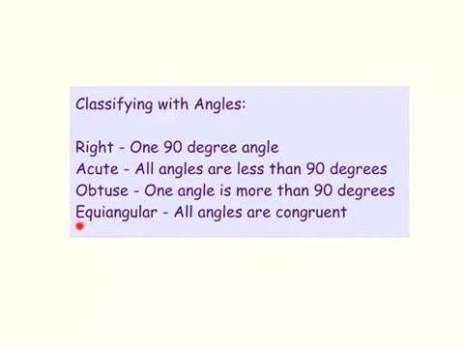We call it an equiangular triangle, a triangle where all the angles are congruent. And if all of them are congruent, we're going to see in a minute that they each have to be 60 degrees, and if they're each 60 degrees, then it is an acute triangle. So equilateral triangles are also acute triangles.